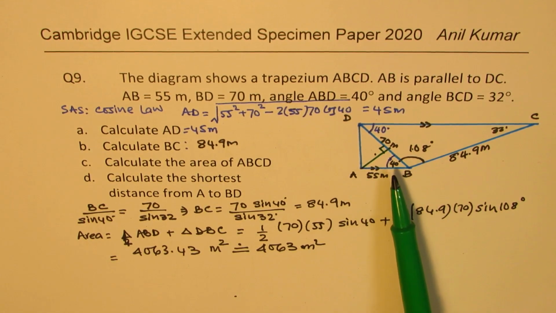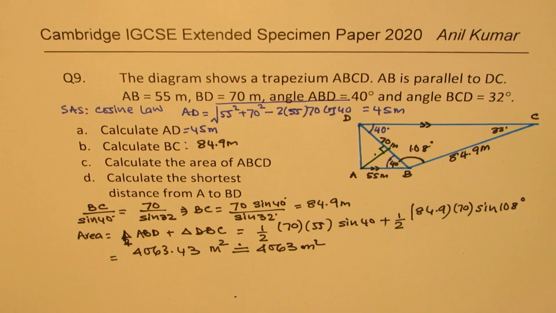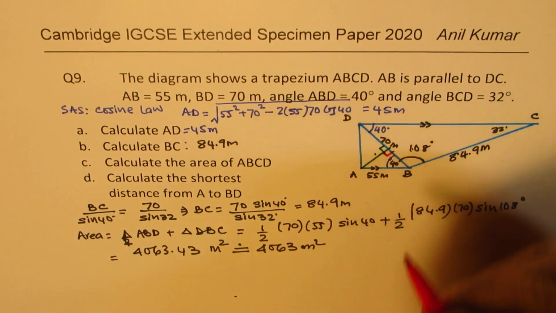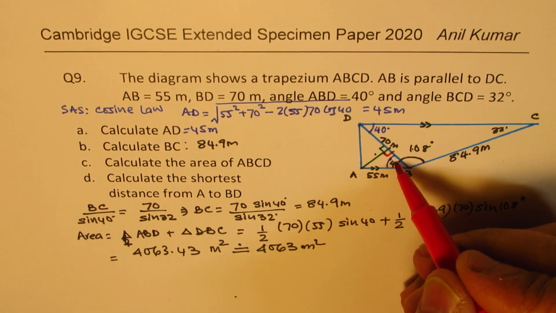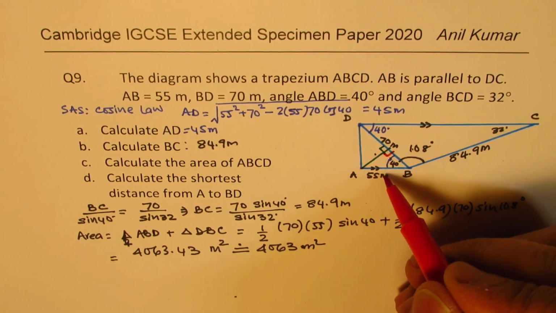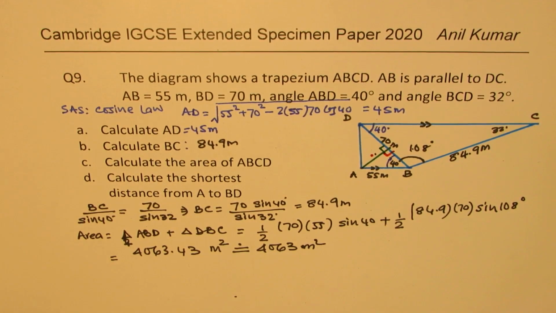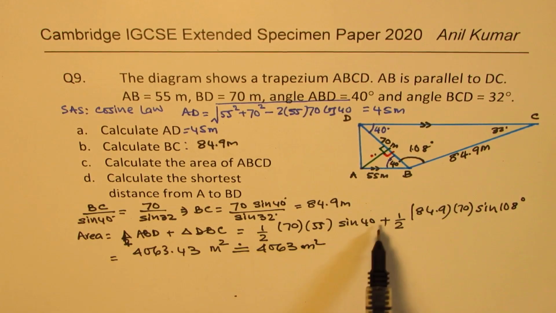Now, as you can see in this particular diagram, and that also gives you the idea how we got the area, right? So this is right angles. Now we have 40 degrees here, opposite hypotenuse is 55, and we need to find the opposite side. So we'll use sine. And that is why in the formula we have this sine 40. Do you get the idea, right?